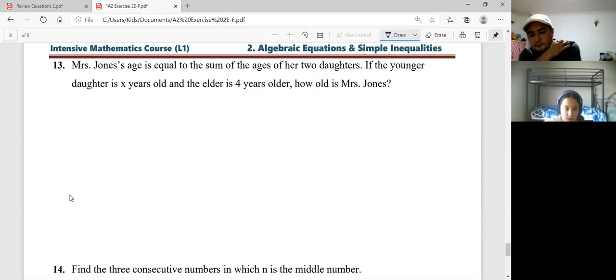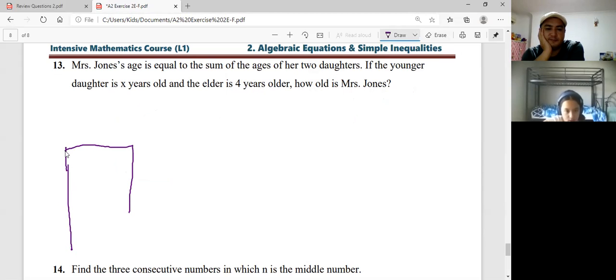So maybe here, the younger daughter and elder daughter, and Mrs. Jones is like that.